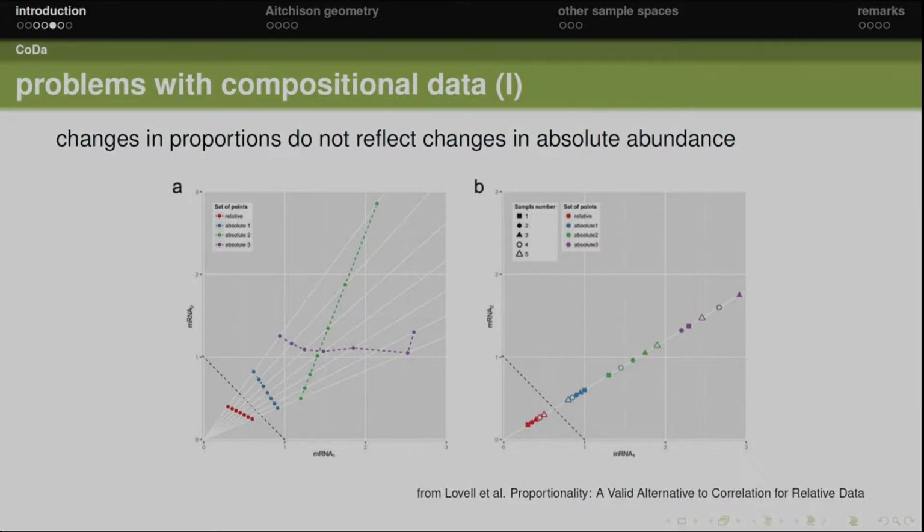Here are some examples of the relationship. Consider these equivalence classes. You have proportions here on this segment, and they can come from many possible situations, like the red points projected are the same as the projections of the blue points, the same as the projections of the green points, the same as the projections of these violet ones, which are erratic.